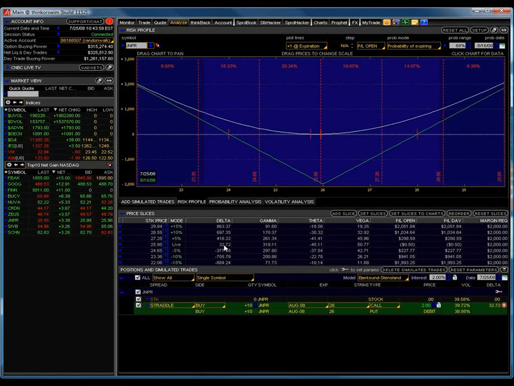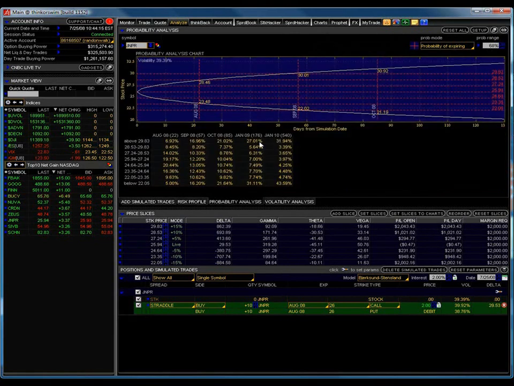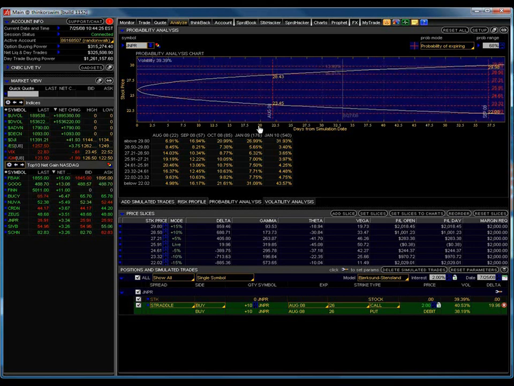That's relatively delta neutral. The one thing that we want to do, though, is be a little more scientific in our selection of the stock. So what we want to do is take a look at the probability analysis tab in our thinkorswim platform. And what that does is give us an idea of the stock price volatility, which is 39%, over the next 20 days.